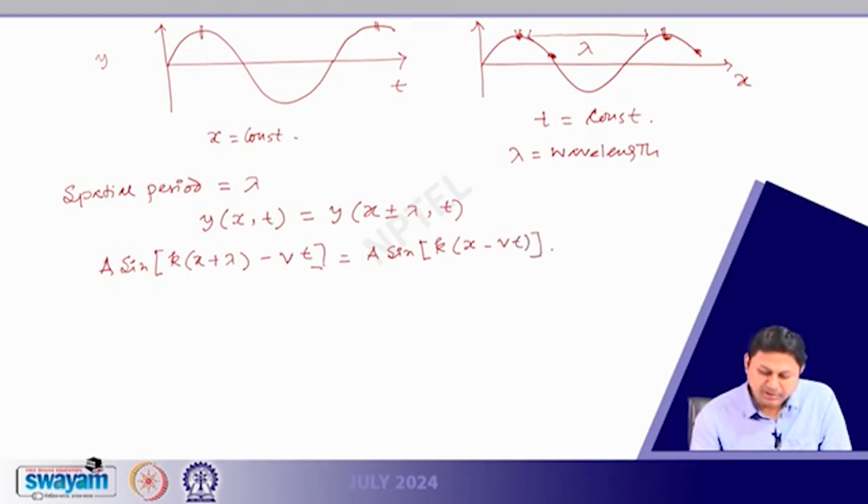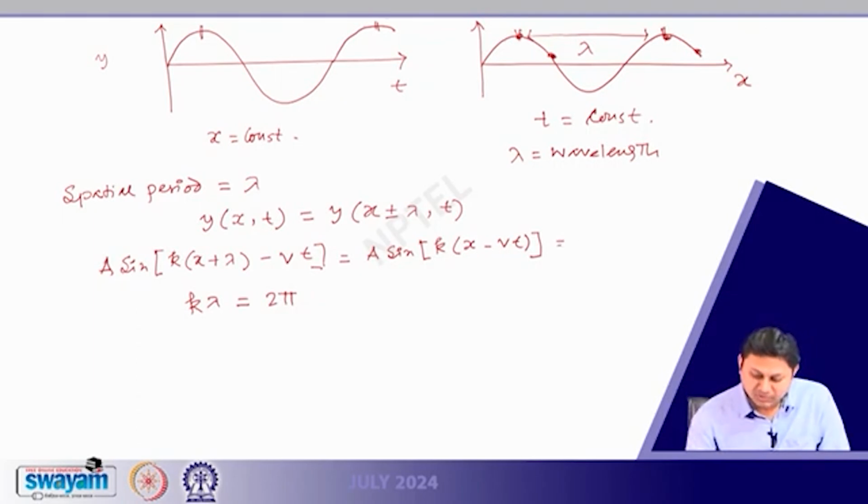The same point I'll get. So if we tally these two equations, then readily we can see that k multiplied by lambda should be 2 pi, because I'm going to get the same value.